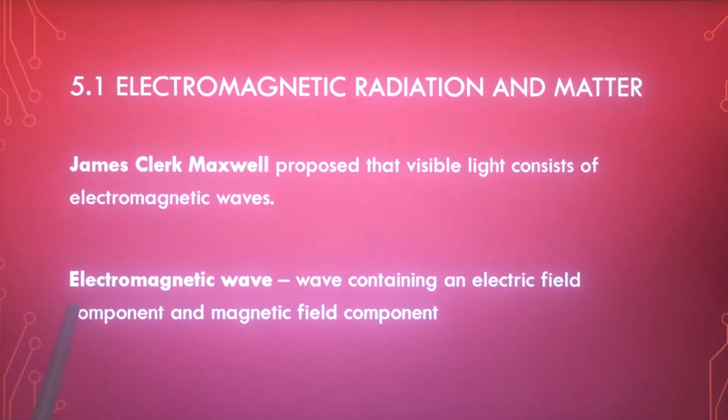Hence we have the electromagnetic wave. Electric means there are charges, and magnetic means there are poles, positive and negative, in the magnetic field component. Meaning it can transfer energy.